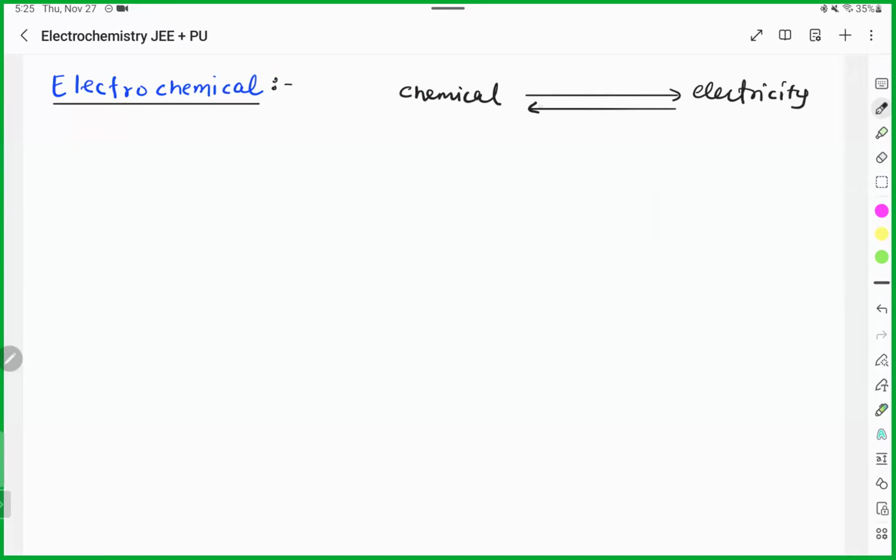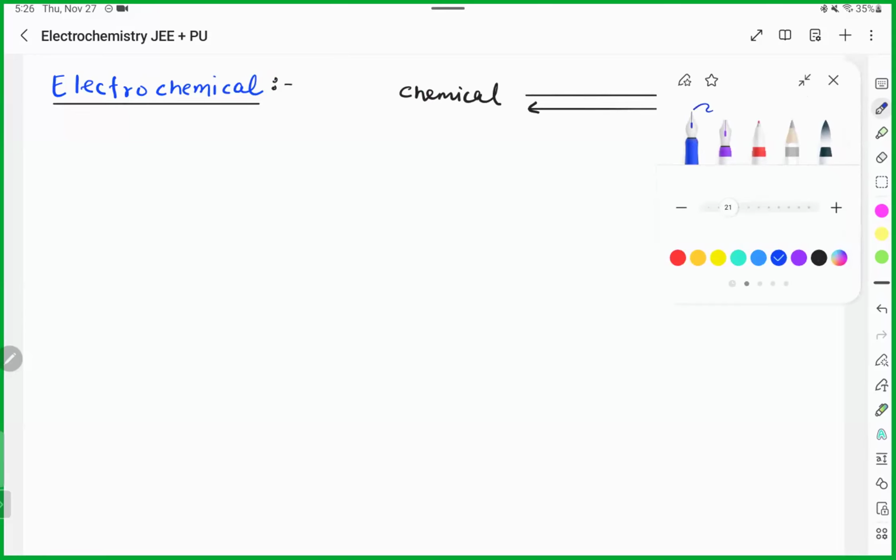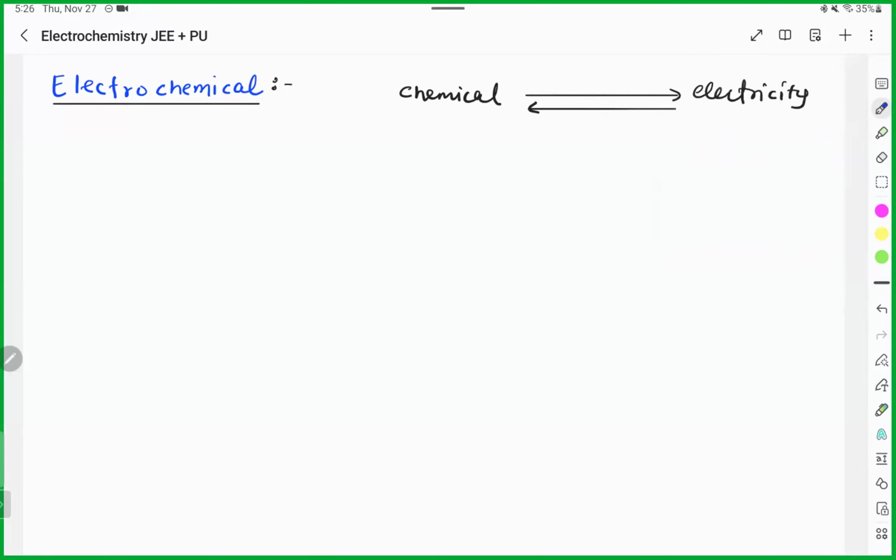For example, in the case of a galvanic cell, chemical energy converts into electrical energy, correct? And in the case of an electrolytic cell, this will happen. So here you have the electrolytic cell and here you have the galvanic cell, correct?